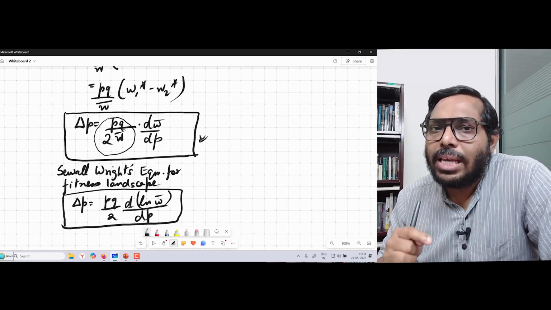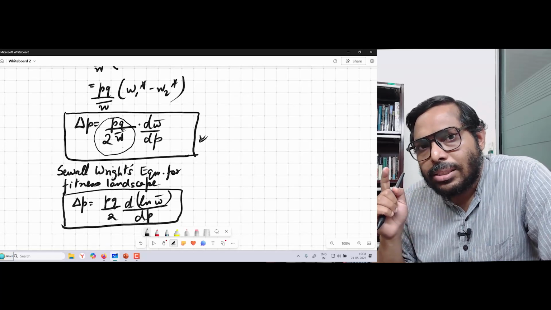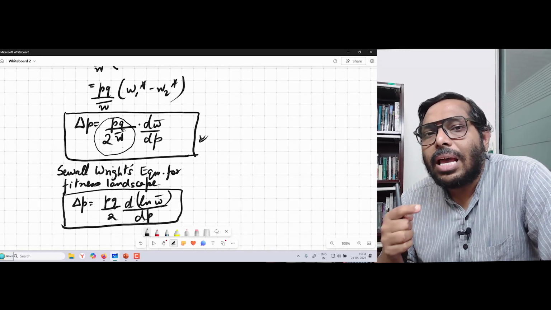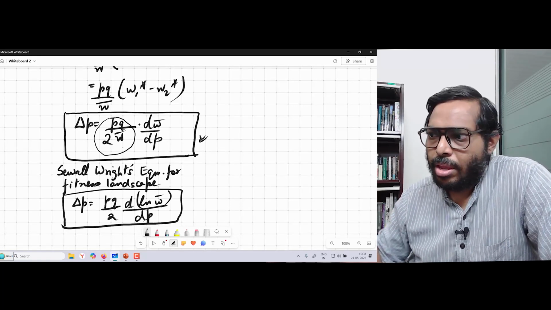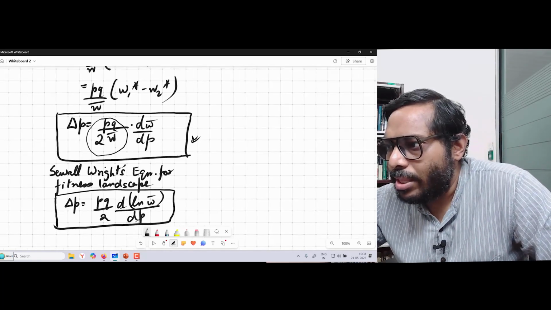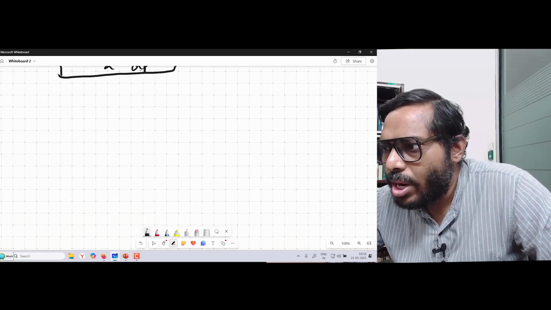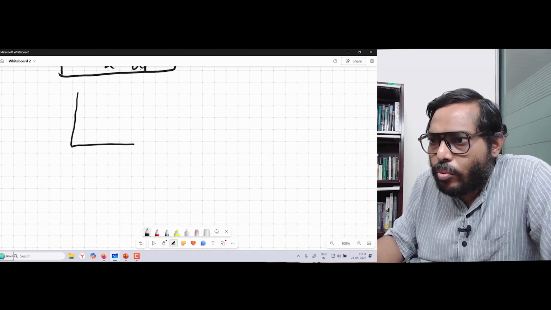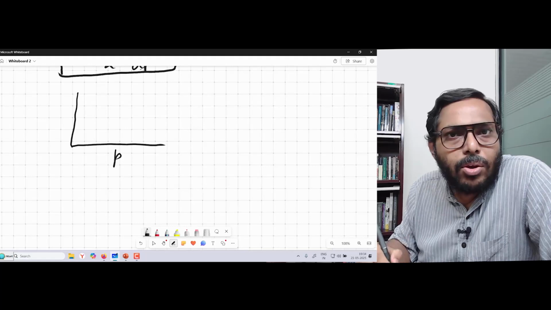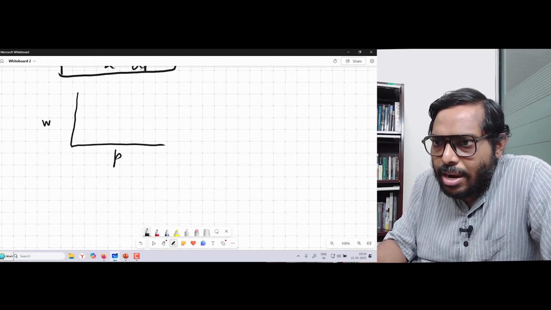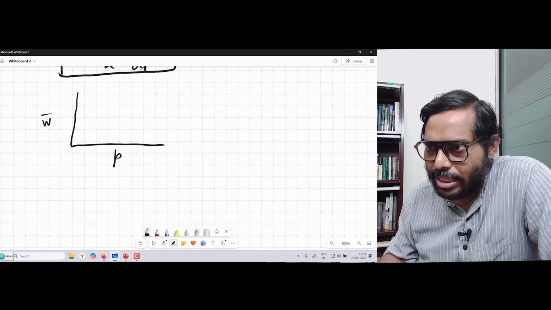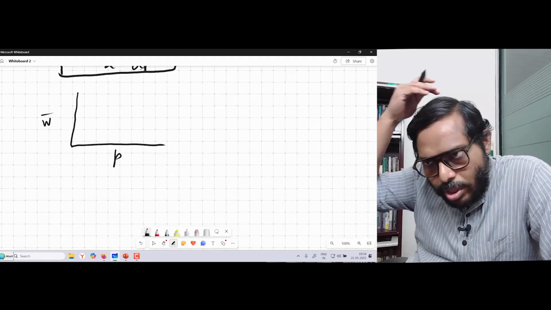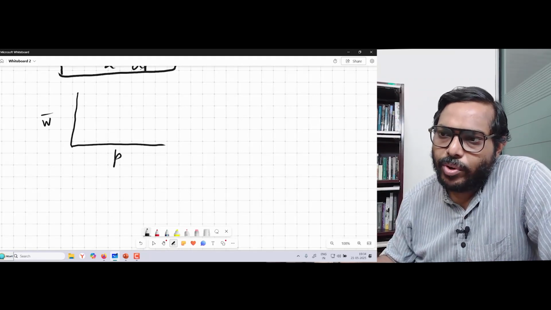So, what this is saying is that the sign of that is going to be the same as the sign of dW bar dP. Now, what exactly do I mean by that statement? What I mean is that if you have P on the x axis and W bar on the y axis, then you are going to get some kind of a graph, and we will talk about in a few minutes what kind of a graph you will get.